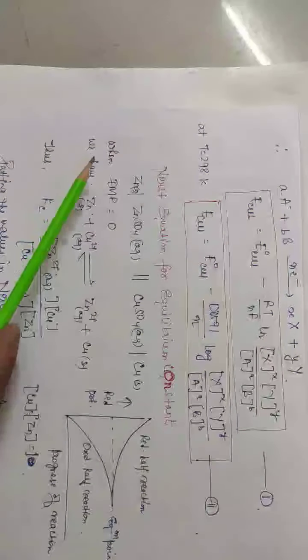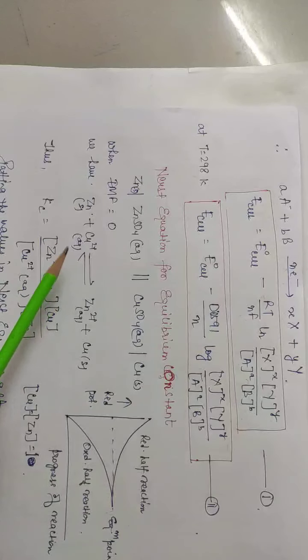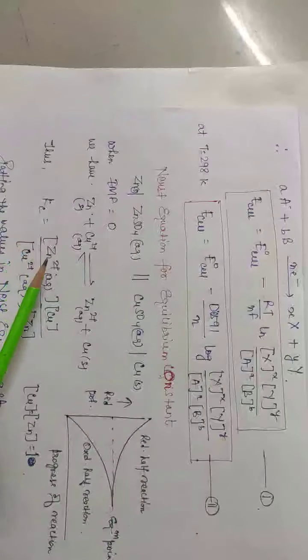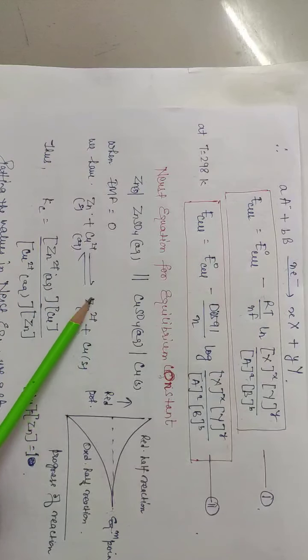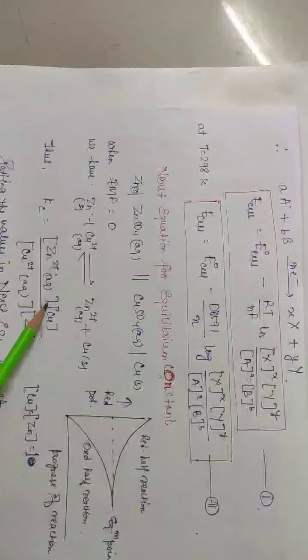So when the EMF of the cell is 0, our reaction is in equilibrium. For this equilibrium, we can write Kc as the molar concentration of species on the right hand side upon the molar concentration of the species on the left hand side.